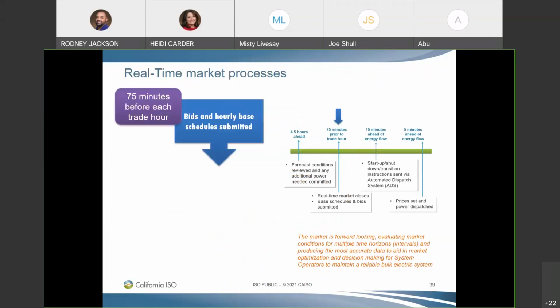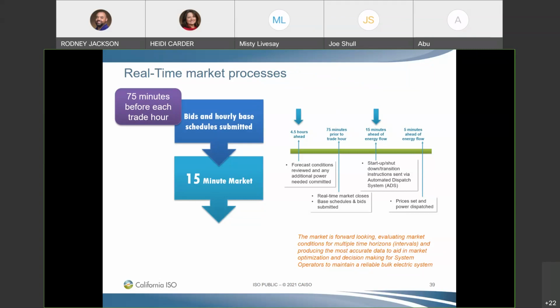There are three main timelines in the real-time market. Bids from all market participants and base schedules from the EIM are submitted 75 minutes before each trade hour. These bids are used in the hourly processes for intertie transactions, the 15-minute market, the FMM, and the real-time dispatch, RTD, which occurs every 5 minutes.